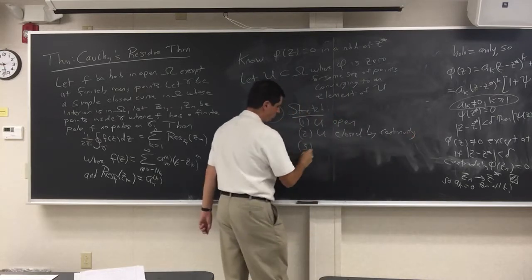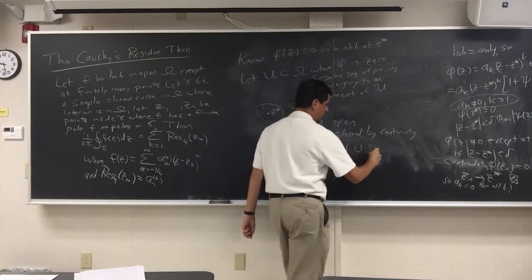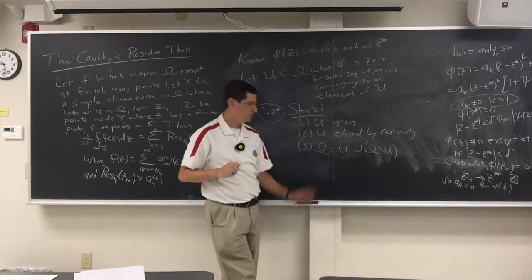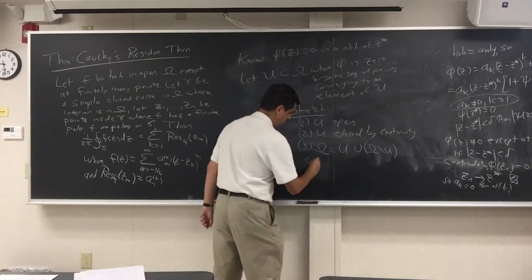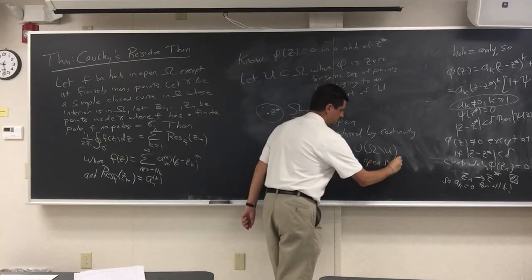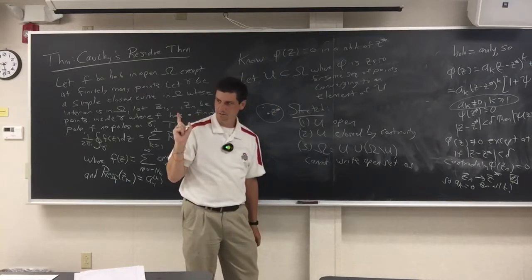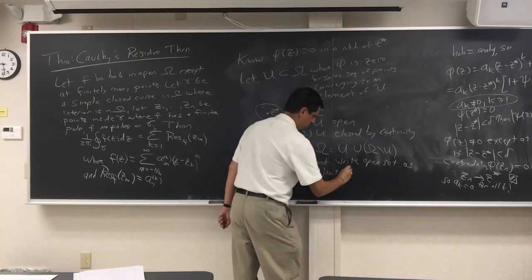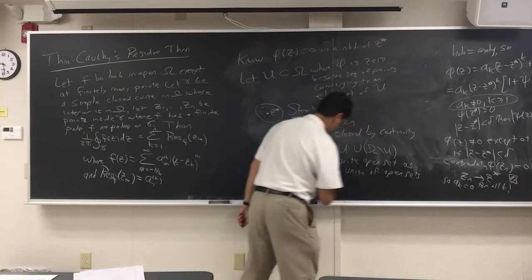So 3, we can basically write omega as U union omega minus U. And you cannot write an open set as a union of disjoint open sets, if it's connected.